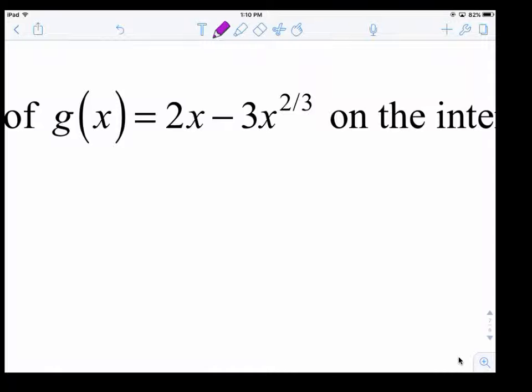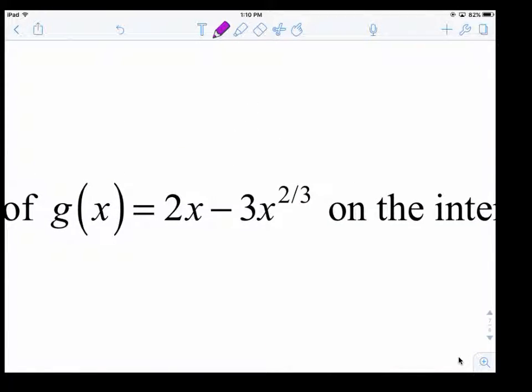It's not differentiable where? Which is where? The x equals 0. It's going to look something like that.